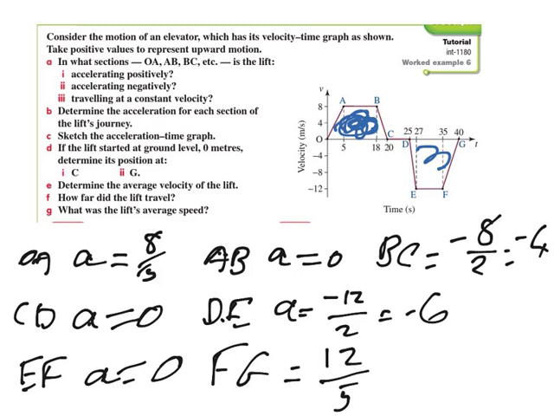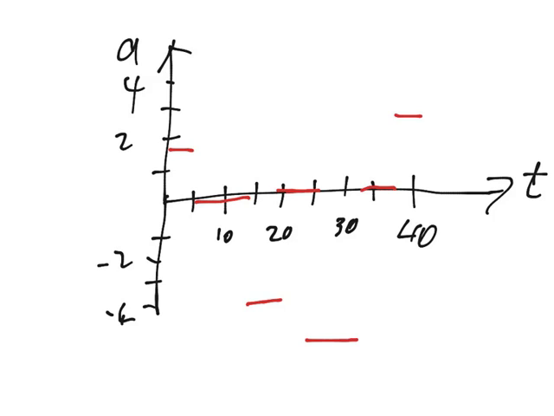So at C, it's at 132 metres. Now we need to know this area in here. And that area, because it's below the axis there, is going to come out as negative.